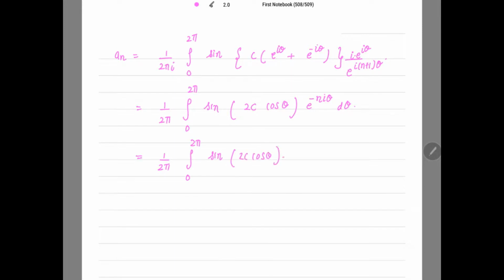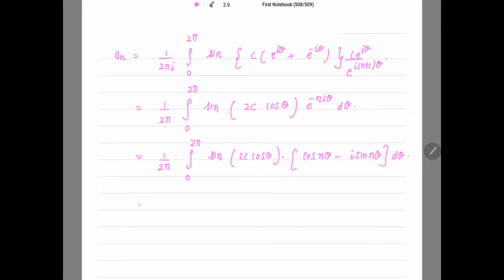Now the next step is, I know that e to the power minus i n theta, from Euler's formula, is cos n theta minus i sin n theta, d theta.